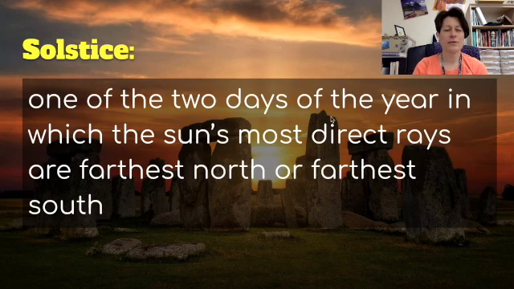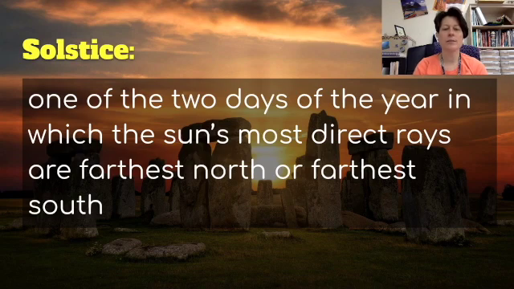So let's talk about the solstices. This is one of two days of the year in which the sun's most direct rays are farthest north or farthest south. I have a picture of Stonehenge in the background because ancient people paid very much attention to the motions of the sun. Stonehenge was used to keep track of the position of the sun.